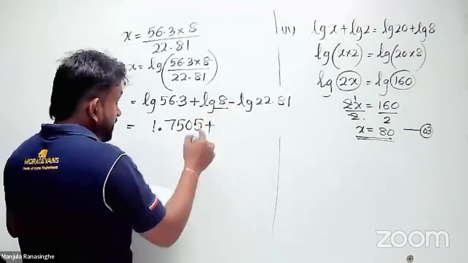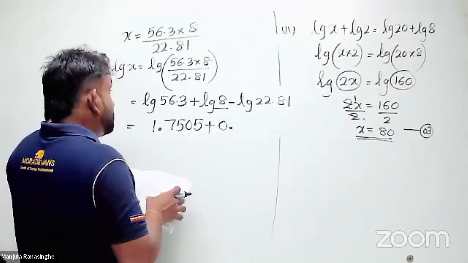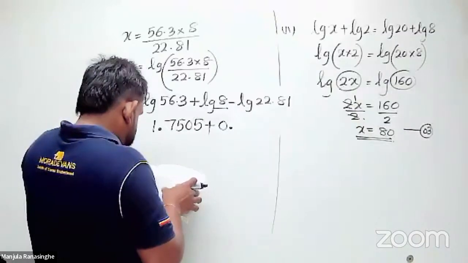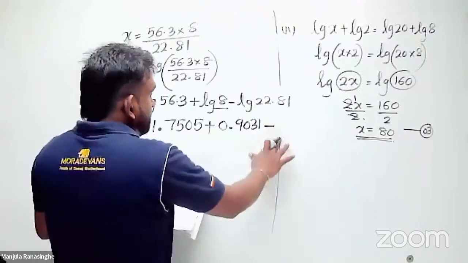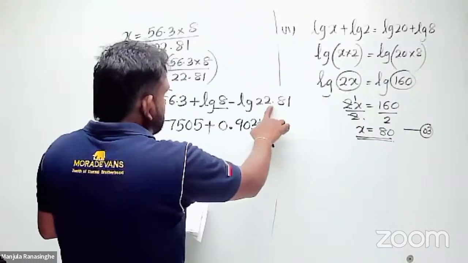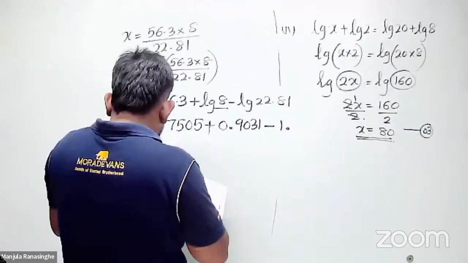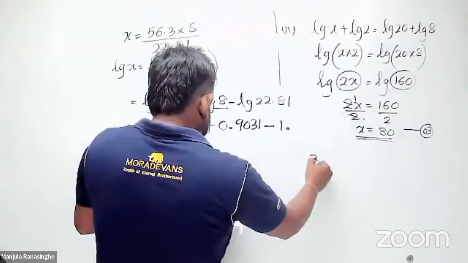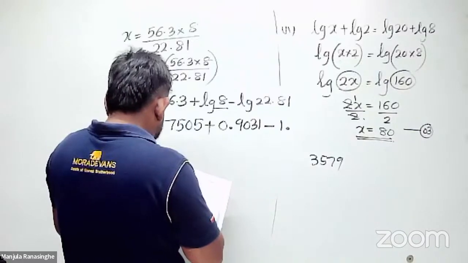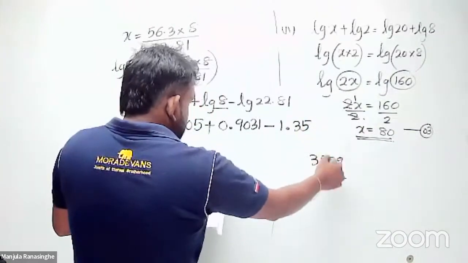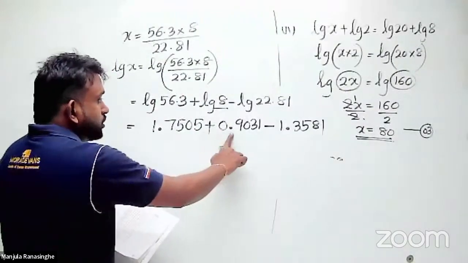Plus lg 8. For lg 8, the characteristic is 0 since it has one digit, then 0.9031. Minus lg 22.81. For 22, the characteristic is 1, then 22.81: 2280 is 3579, and adding the 1 gives 2, so 3581. Now you got this simplification, this addition and subtraction.